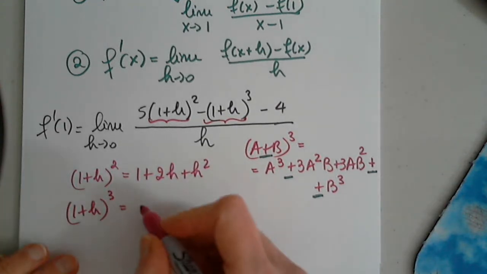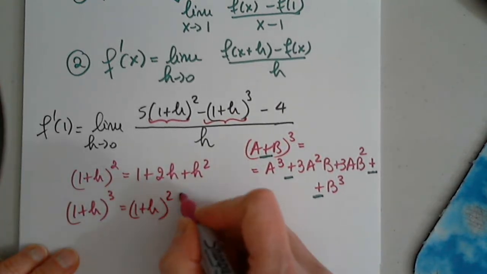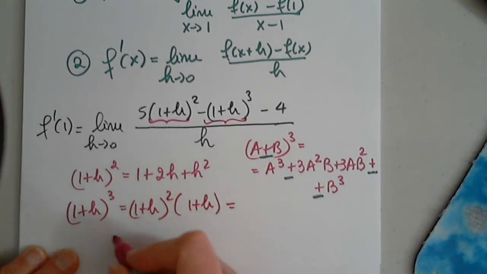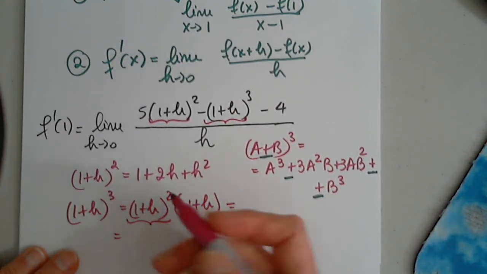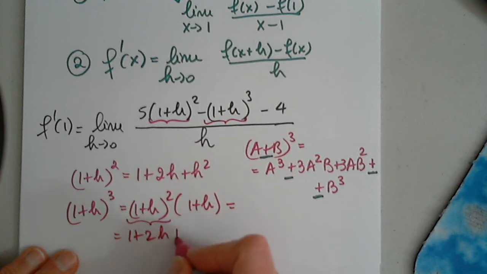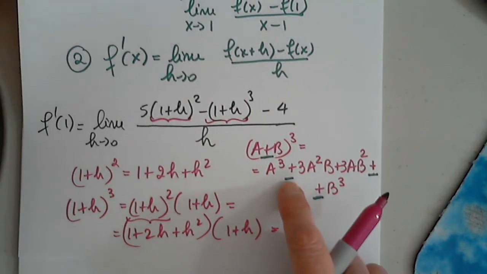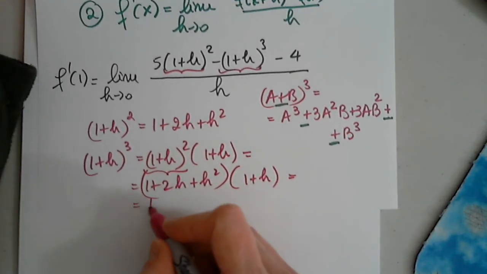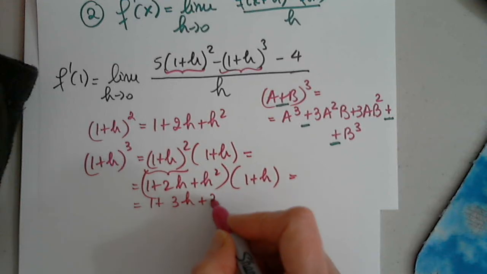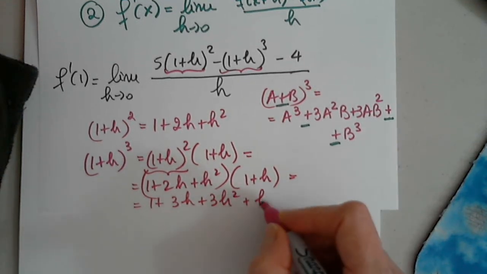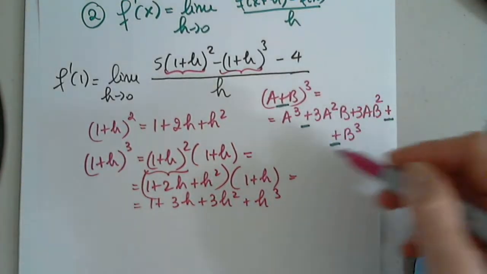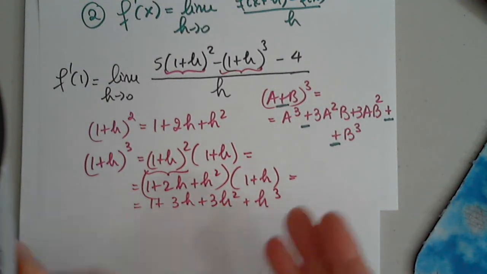In that case, you will have to write 1 plus h squared, 1 plus h. You will have to square this again, which you know is 1 plus 2h plus h squared, times 1 plus h. You will distribute. And I guarantee you will get this: 1 plus 3h plus 3h squared plus h cubed. Because I'm using the formula directly, or you can distribute.